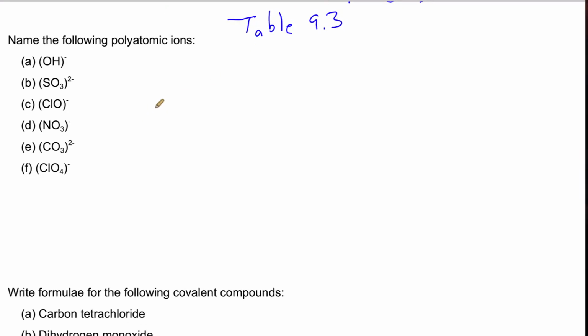So let's put those answers here in red. You would find that OH negative is hydroxide. You would find SO3 doubly negative is sulfite. You would find ClO with a negative as being hypochlorite.